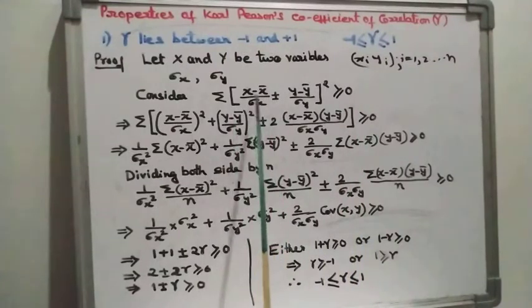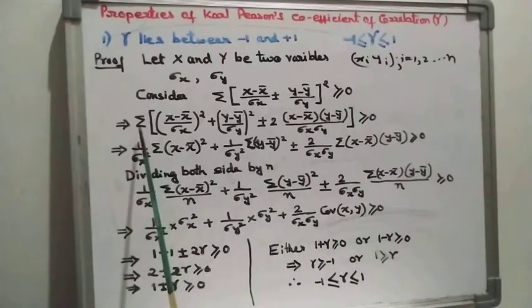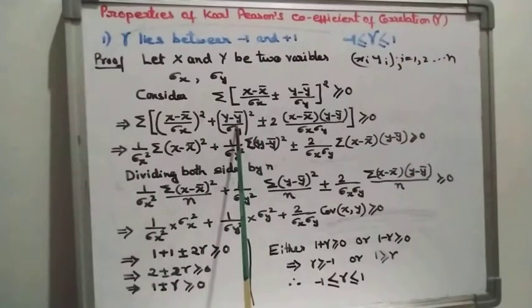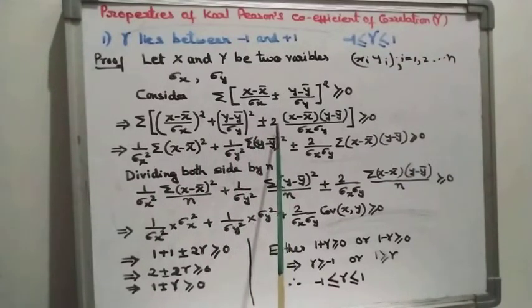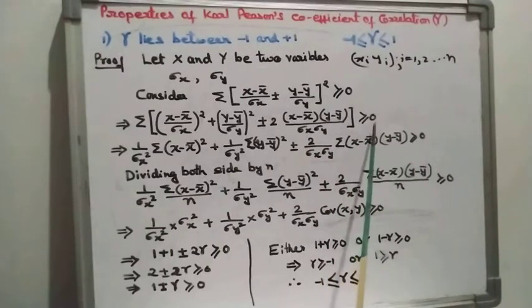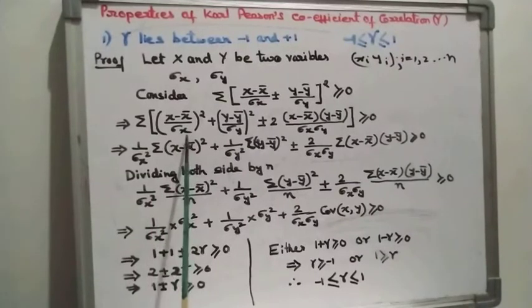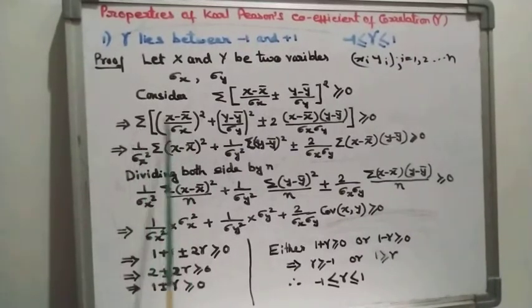Now open this: (a plus minus b) whole square gives a square plus b square plus minus twice ab. The summation is as it is here, so a square, b square, plus minus 2ab is greater than or equal to 0. Now take sigma x outside and the summation inside.